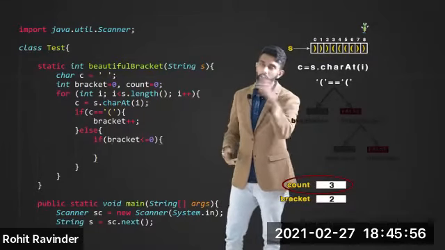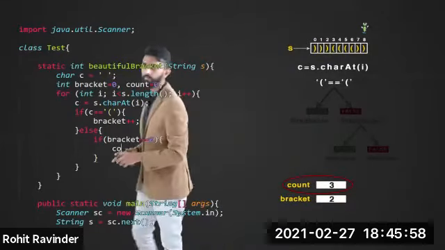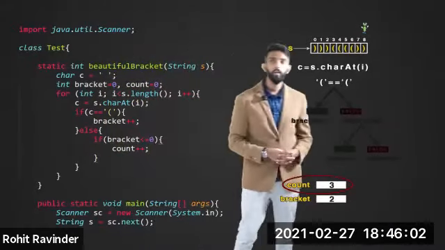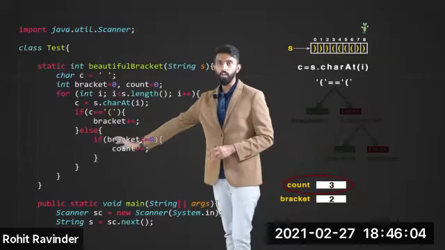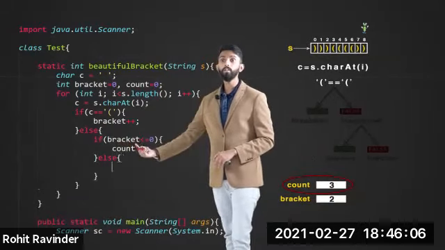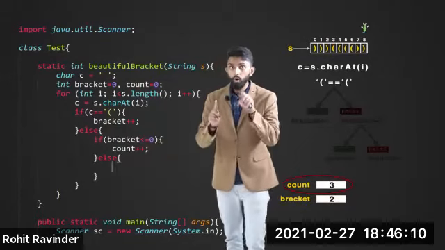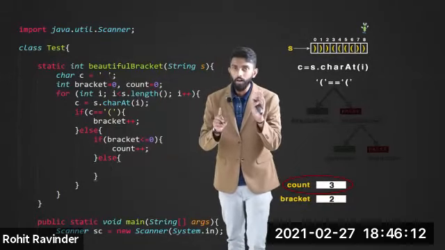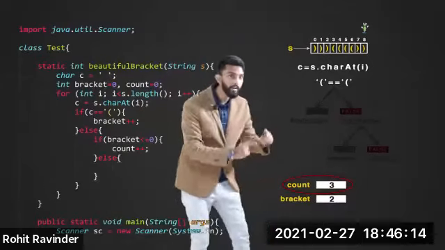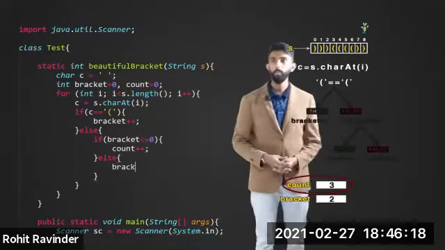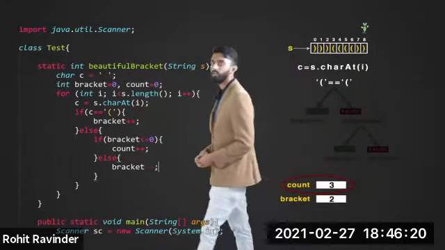If it's imbalanced, increment the count by 1. Simple. Next, else. Else means that there was an opening bracket. If there was an opening bracket, the closing bracket is not imbalanced, right? So decrement the value of opening bracket by 1. That is what I'm doing. Bracket minus minus. That's it.